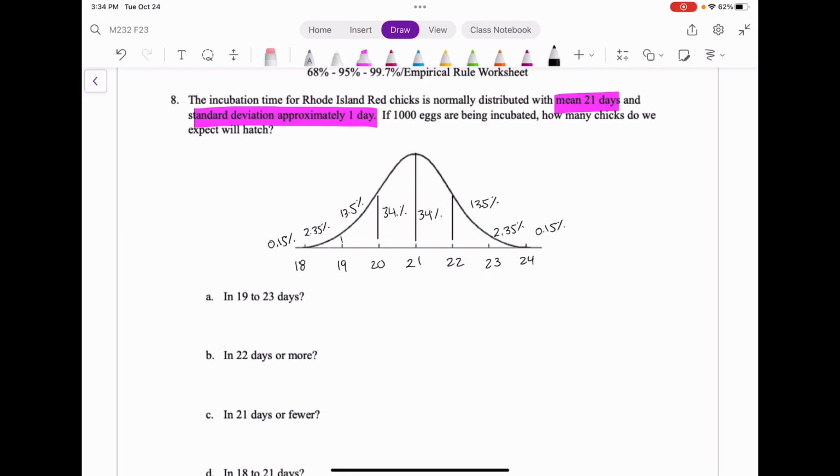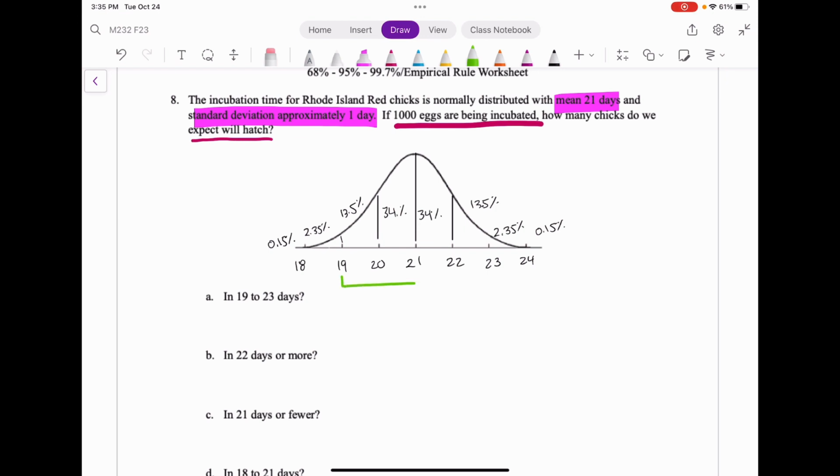And then it says, if 1,000 eggs are being incubated, how many do you expect to hatch? This is giving you, based on a probability, you're trying to find a percentage of a number. And to find the percentage of a number, you take that number times the percent as a decimal. First, I have to figure out what's the probability of being from 19 to 23 days.